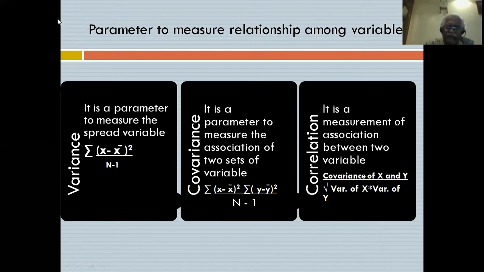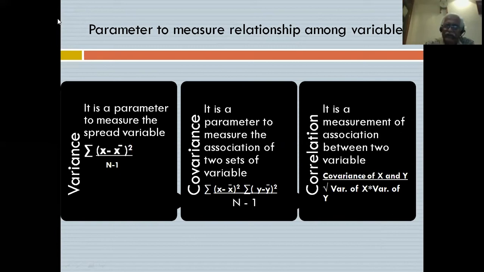So this is the variance. Covariance is where two variables are operating simultaneously, that means operating on the x-axis variables and on the y-axis variables. So we have the sum of the products of the deviations of variable 1 and variable 2, divided by n minus 1.